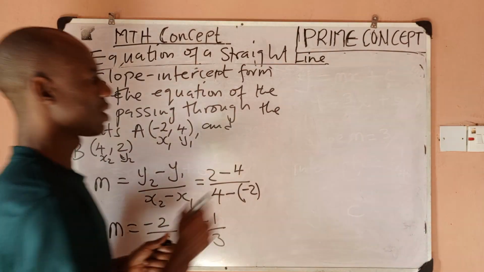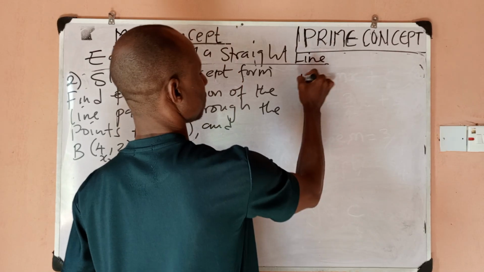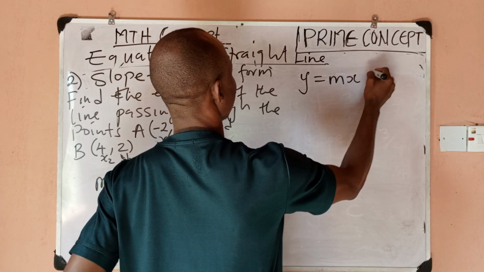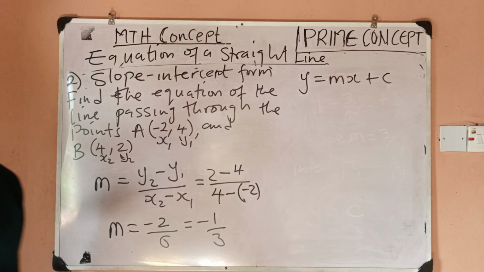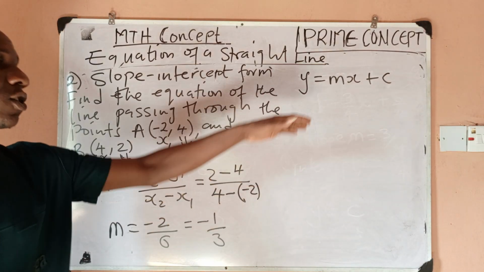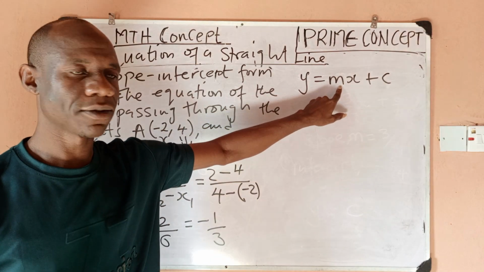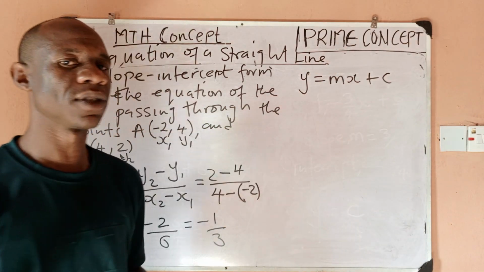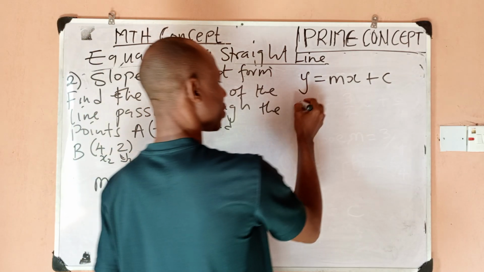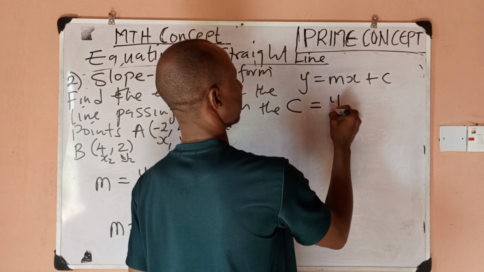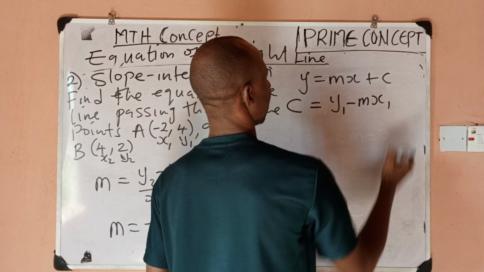So this is my slope. Now I want to use that form. Remember, if I'm using the form y equals mx plus c to arrive at the equation of my straight line, I need to find the slope, which is what I've gotten. Then I need to find the intercept. If you recall, we mentioned that the intercept c is y1 minus mx1.